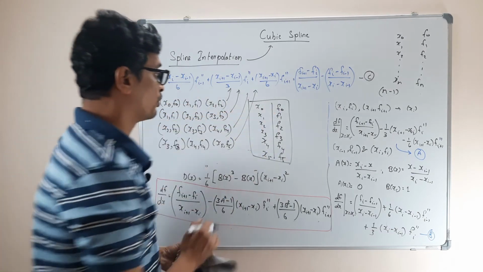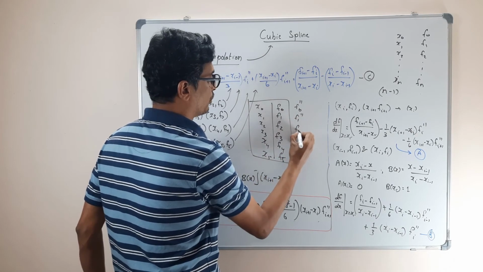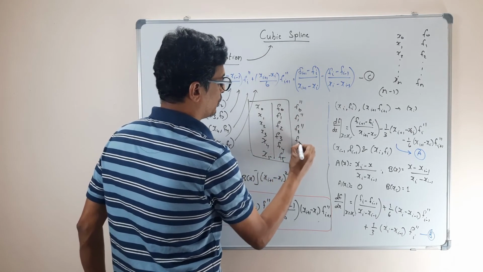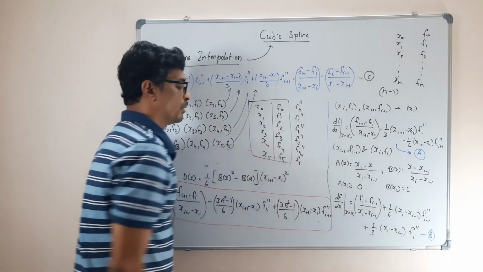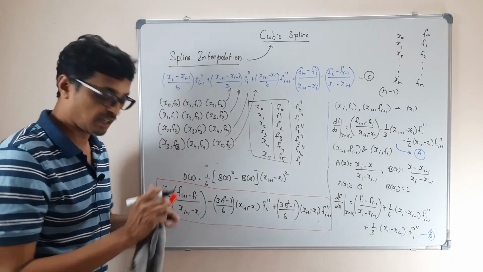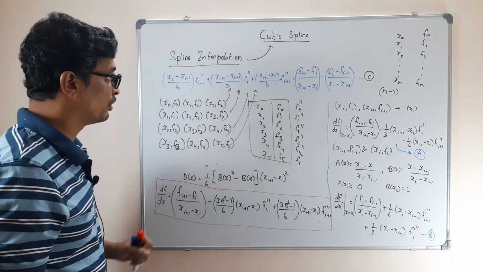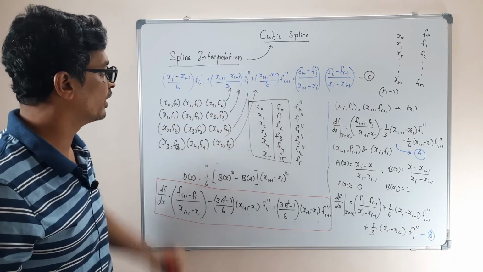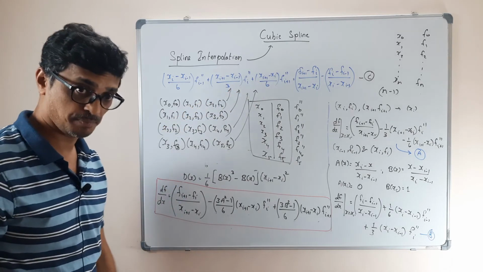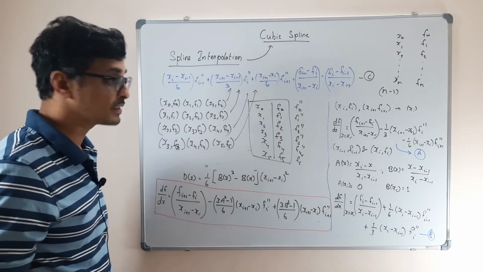We have 6 unknowns because we want to find all the double primes corresponding to all these values. However, we don't have that many linear equations to find them. So what we end up with is finally an underdetermined system, because we don't have as many equations as unknowns.